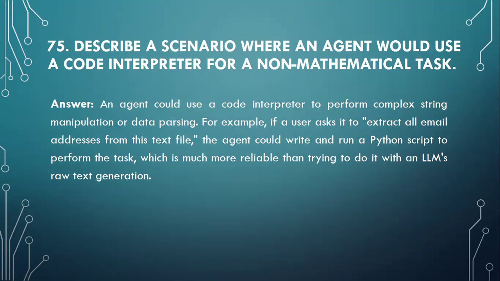For example, if a user asks it to extract all email addresses from a text file, the agent could write and run a Python script to perform the task, which is much more reliable than trying to do it with an LLM's raw text generation.